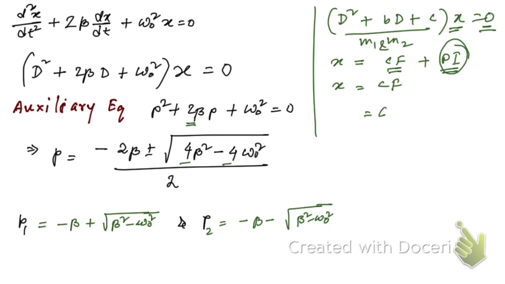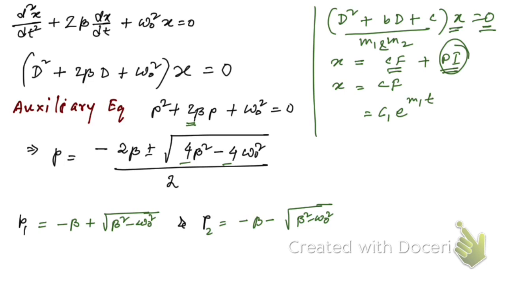We used to write two constants, c1 e to the power m1 t, okay, sorry, not x here. In this case x is a function of t. We are differentiating with respect to t here, so here we have to write t.